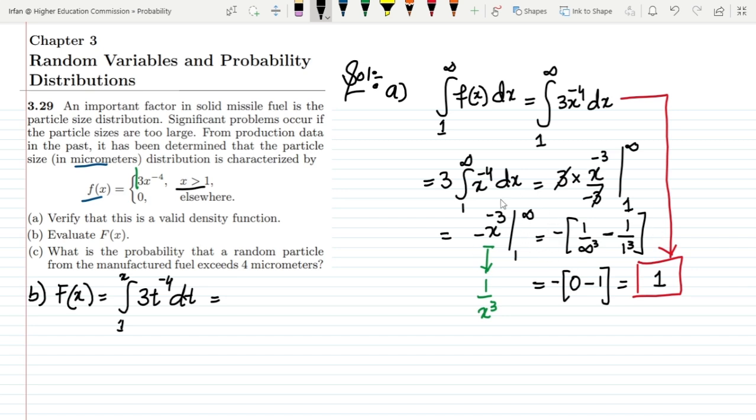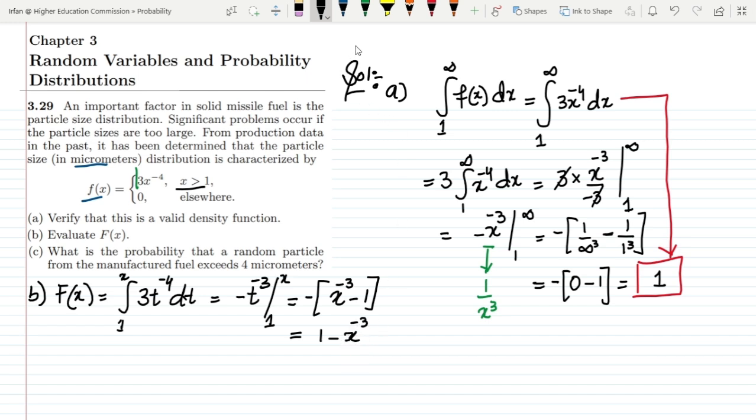Going through the same process we have done here, I will get -t^-3 evaluated from 1 to x. Putting these ranges, I will get -x^-3 and then putting 1, I will get 1, or ultimately 1 minus x^-3.